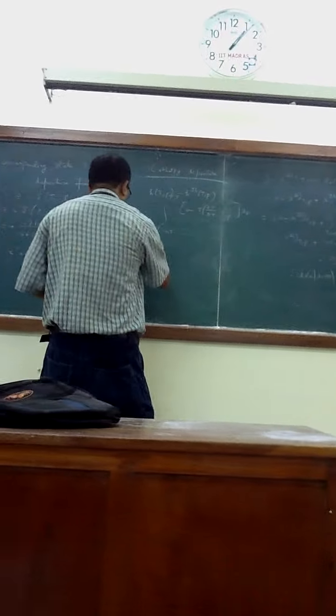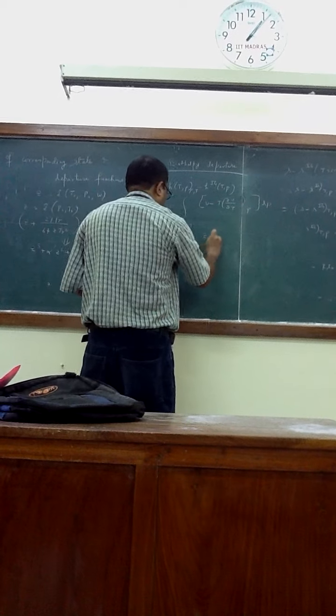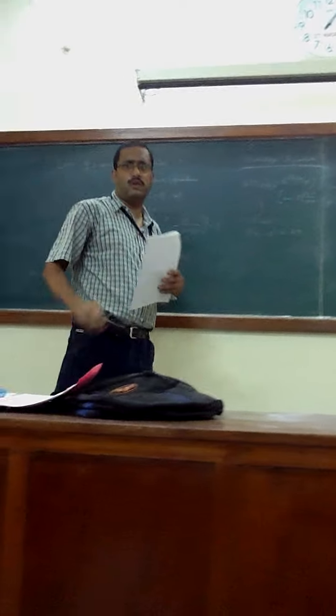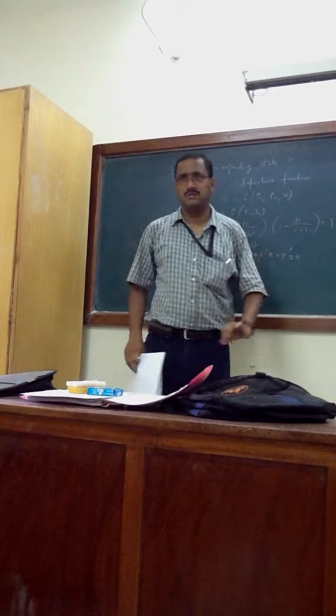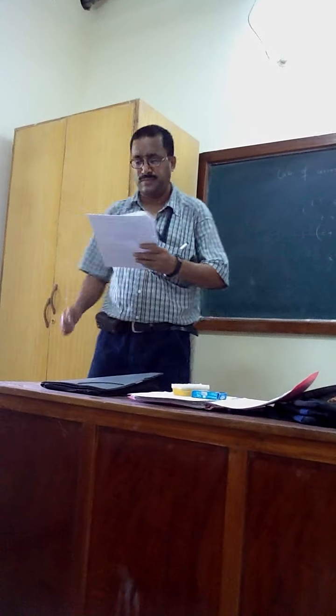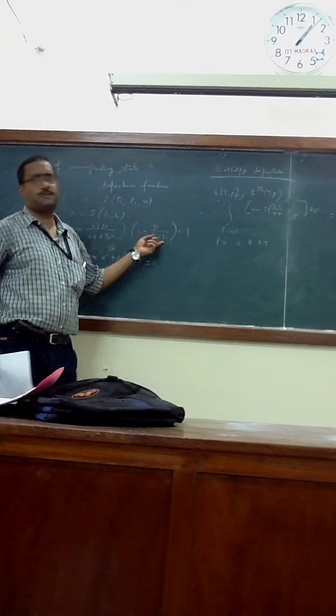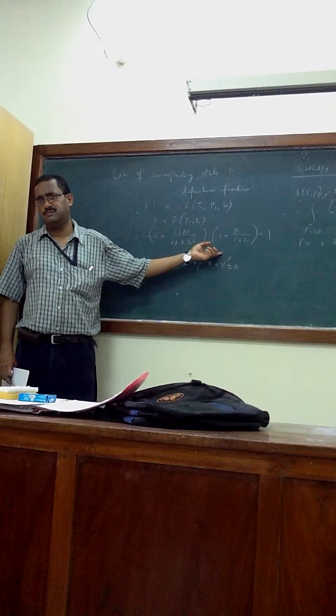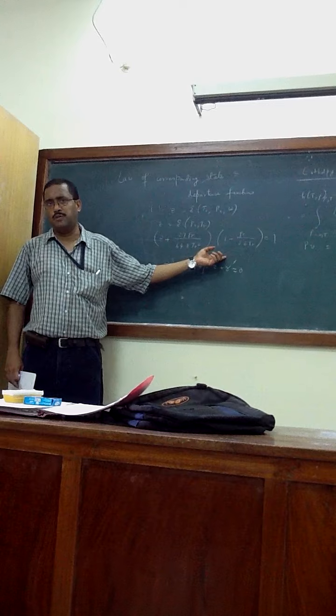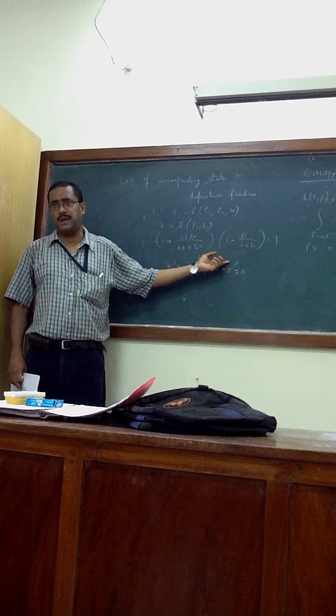And we know that Pv equals Z R T. Now we'll be doing the compressibility factorization. And the formula I have given is called the Van der Waals equation of state. This formula will change for SRK and Peng-Robinson.